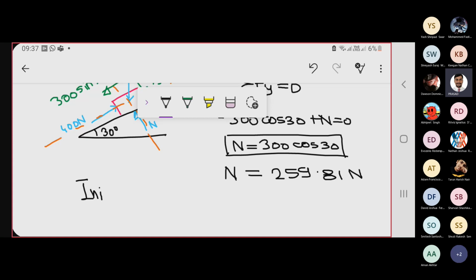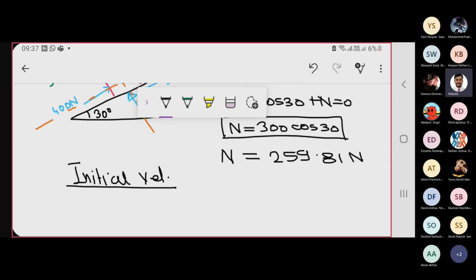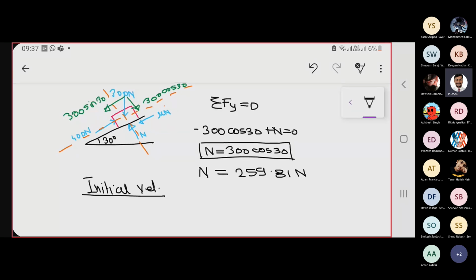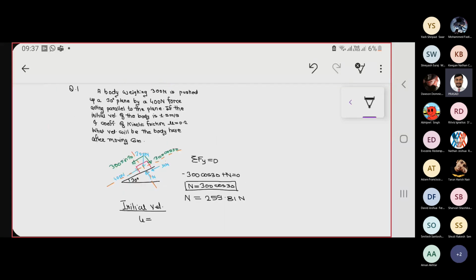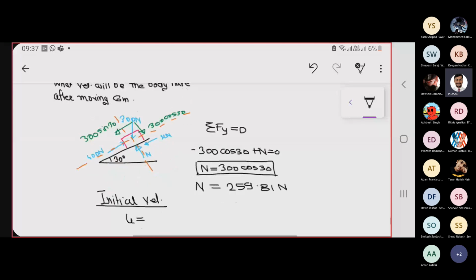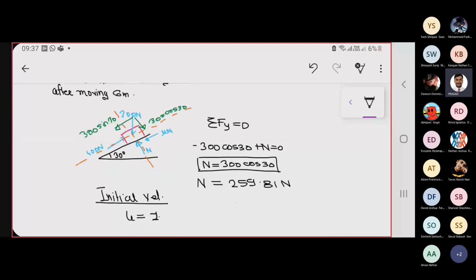Now let's see what the initial velocity is. N was the only unknown, so we calculated N and everything is known. Initial velocity u is given in our problem as 1.5 meters per second.